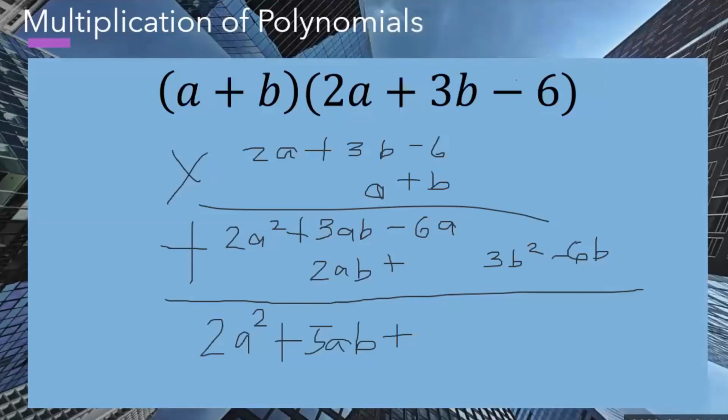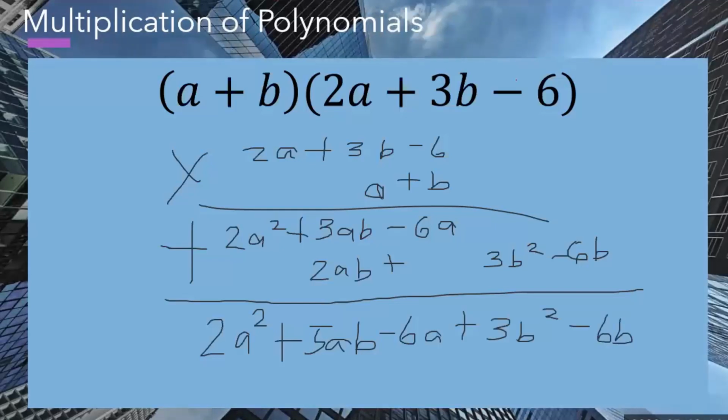Baka biglang nagkaroon ng 3 dyan. You're just going to bring down 6a. So that will be negative. Okay. Okay, did you understand? Next.